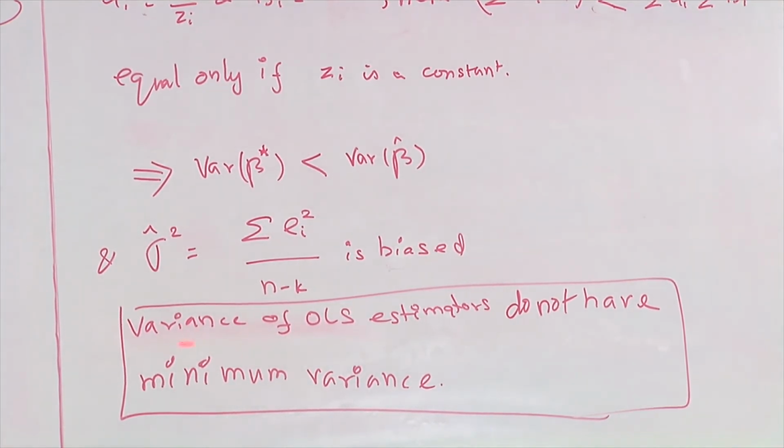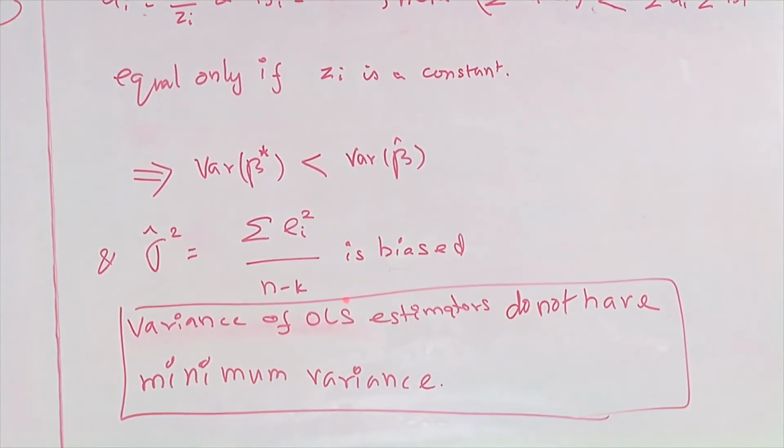So, the OLS estimators do not have minimum variance, and also the estimator for the variance of the standard error is biased. Sigma hat square is equal to sigma ei square by n minus k is biased.